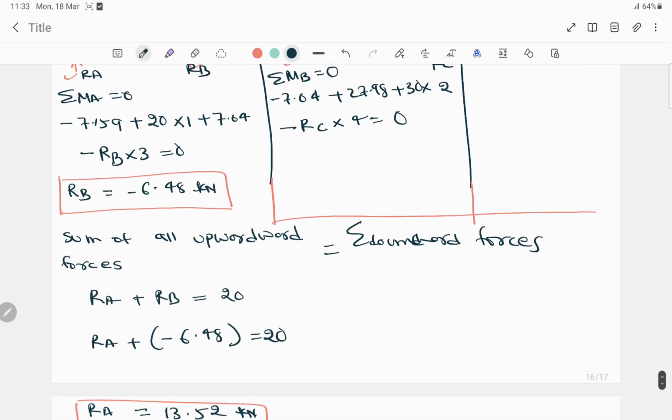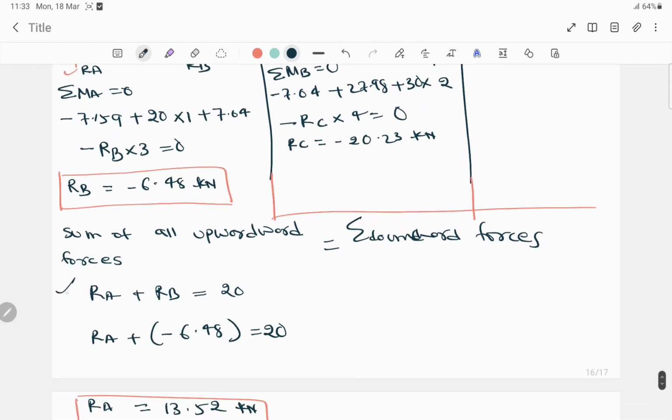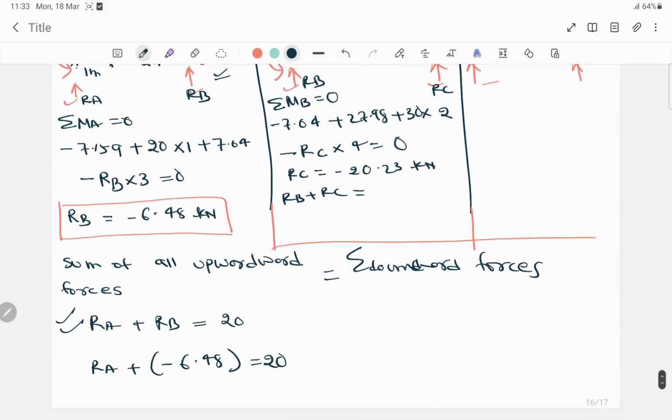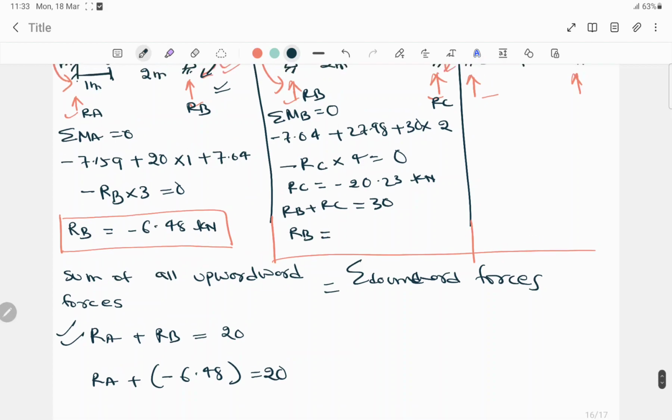So we get RC is equal to minus 20.23 kilonewton. Same as before, we get the equation RB plus RC is equal to 30 kilonewton. Putting RC as minus 20.23, we get RB is equal to 9.77 kilonewton.